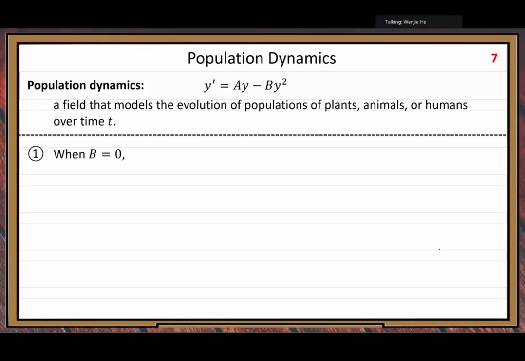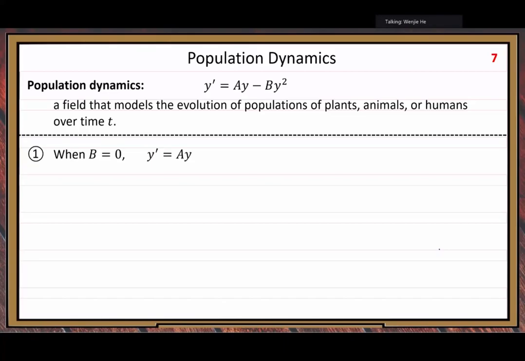That's why I said the first people used a simple modeling equation. At the beginning, people did not use the negative b y squared term, so make it b equals 0. That's the initial modeling function.